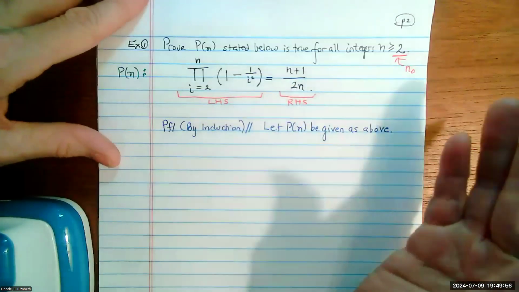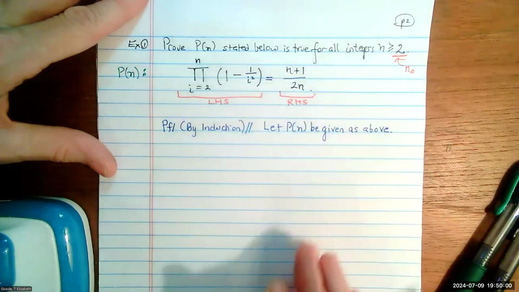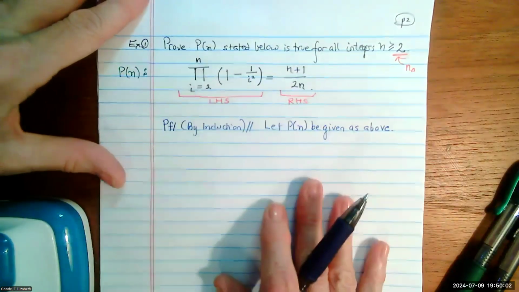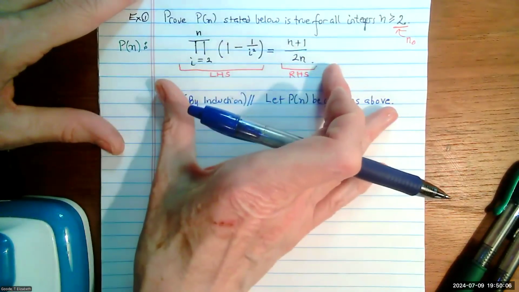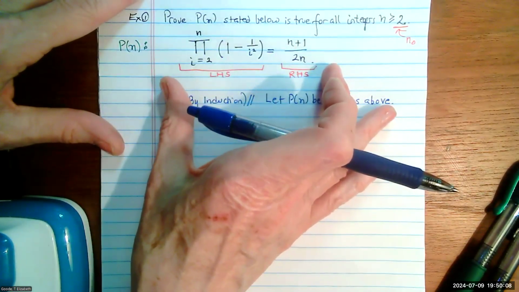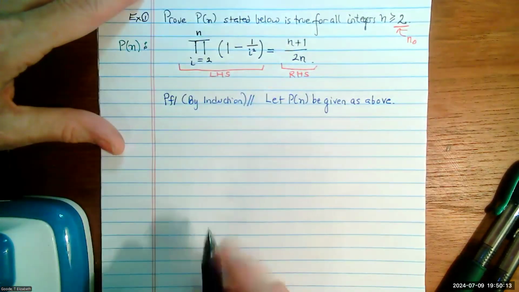Y to the x turns into yx, or y over x. I don't know how all that happens for different individuals. So when you see your proof by induction statement, you may want to just transcribe it right onto your paper so that you don't have to worry about that issue.